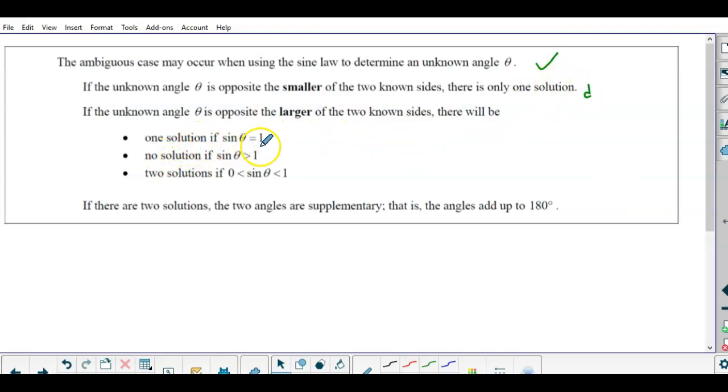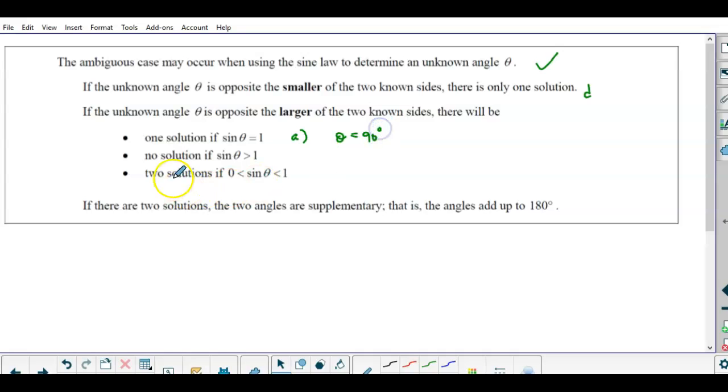If the unknown angle is opposite the larger of the two known sides, so that's like A, B, and C, it will have one solution if sine of theta equals 1. So that was like question A, and theta there was 90 degrees.